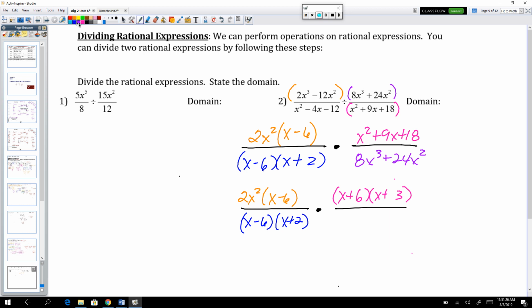And then on the purple, we have a binomial, not a trinomial, and it appears we have a GCF of 8x squared, and so we'll leave behind an x plus 3.